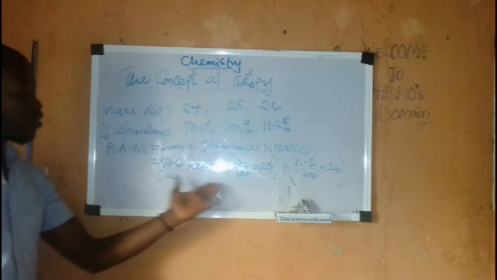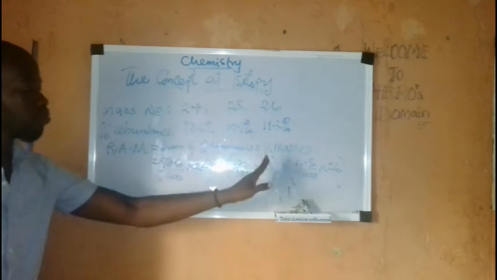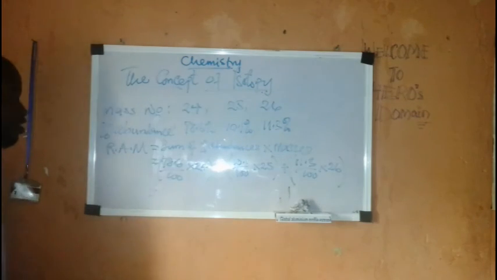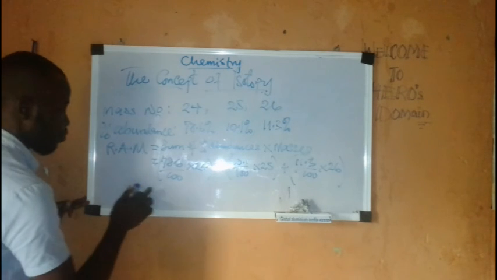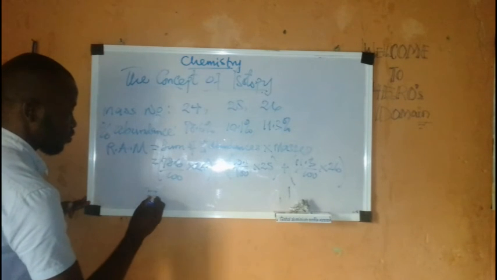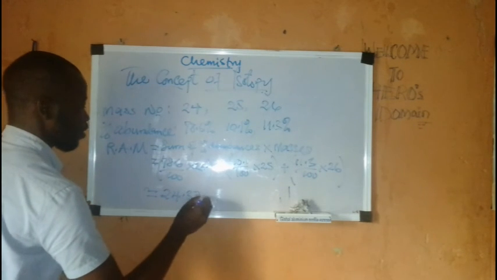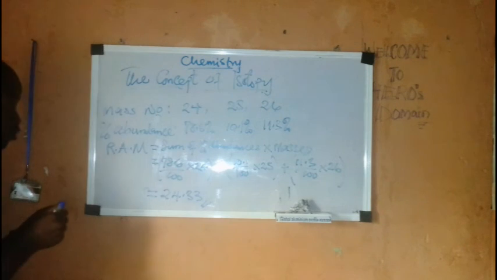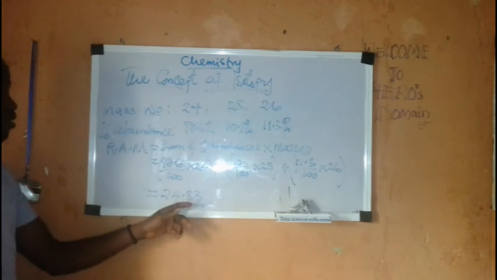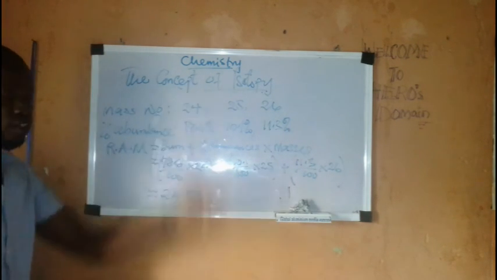When we input this, simplify, multiply and then add all together, we should be getting approximately 24.33. So this is now the relative atomic mass of magnesium from this composition.